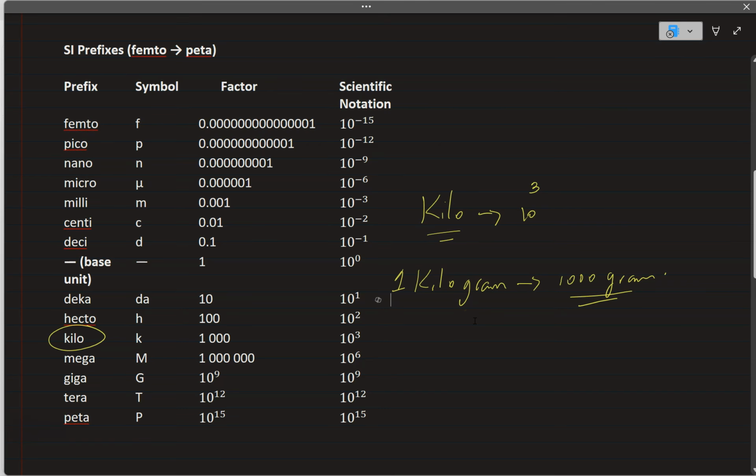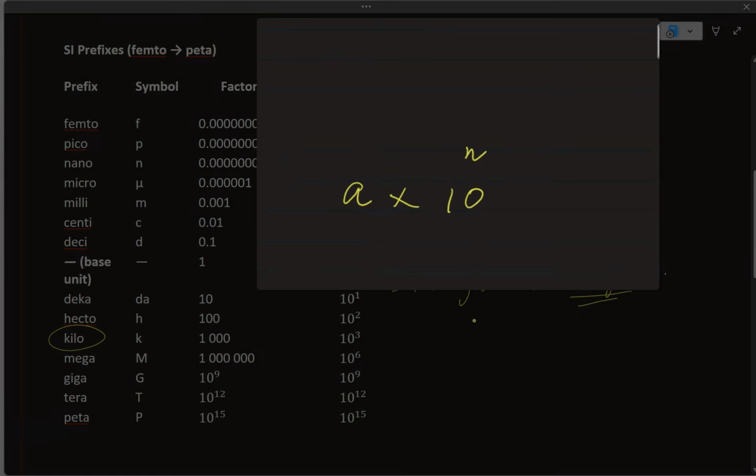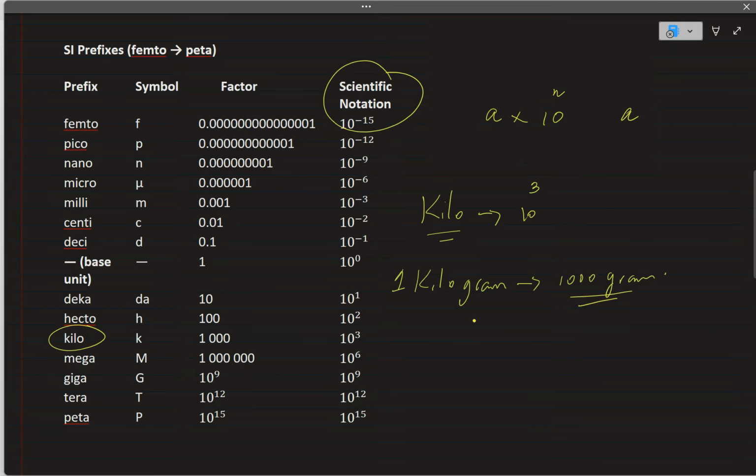Now remember we were doing the scientific notation. Scientific notation is given by this form, a times 10 to the power of n, where a has to be between 1 and 10. So it can't be greater than 10 and it can't be less than 1.